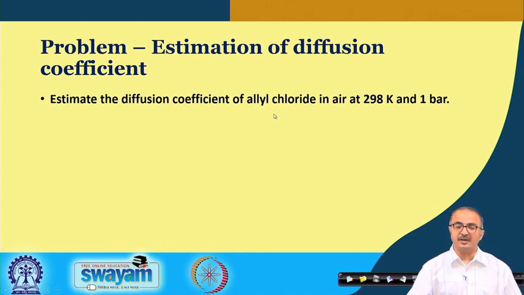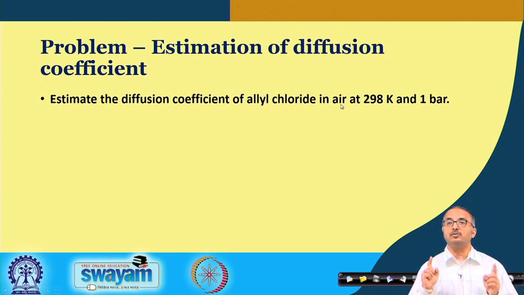This is for allyl chloride in air. You have to know which two components we are talking about, because diffusion cannot happen alone; it has to be between at least a pair of components. These are the two components for which you have to find the diffusion coefficient.